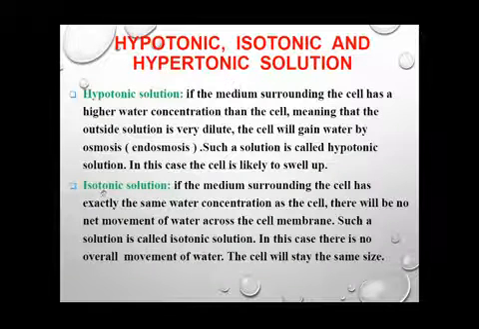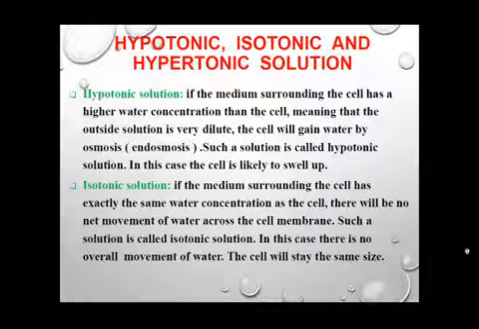Now let us move to isotonic solution. Now if the water concentration is equal in the medium in which the cell is kept as well as inside the cell, then there will be no movement of water across the cell membrane.